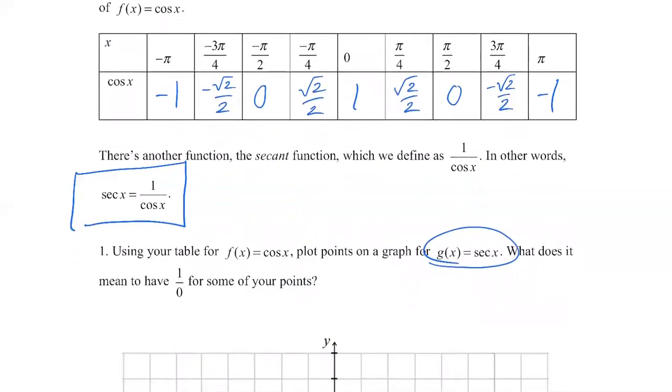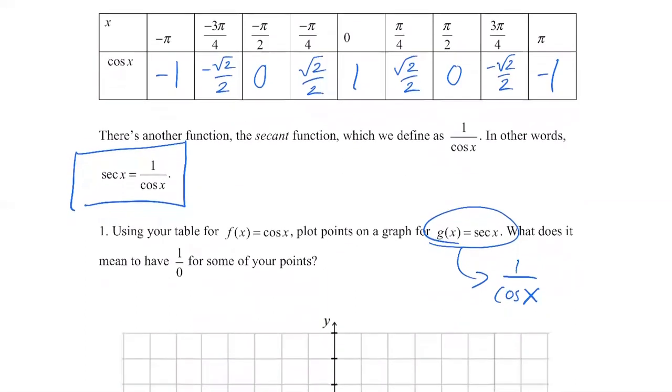So in other words, we're going to be plotting points that correspond to 1 over cosine of x. So we're taking the reciprocal of all of our values up above. And ask yourself, what does it mean to have 1 over 0 for some of your points? We'll leave that for consideration and work our way towards it.